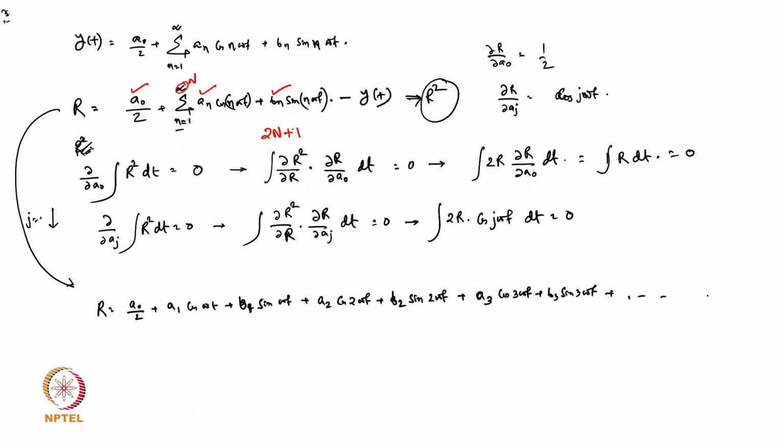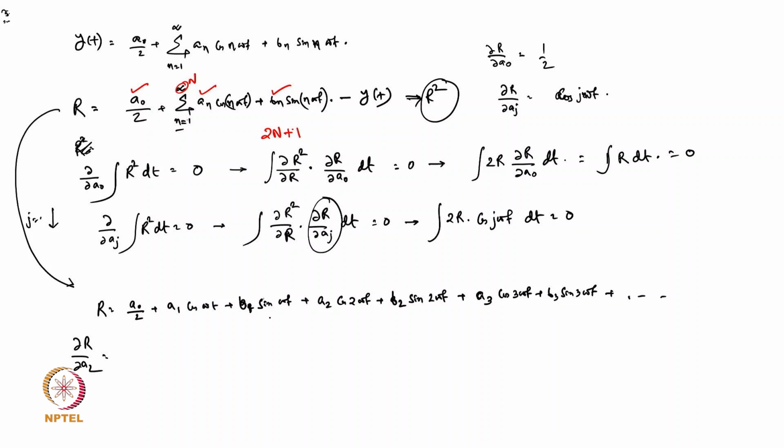Now let's think we are doing it for A2. So what will we do? We take del R by del A2.